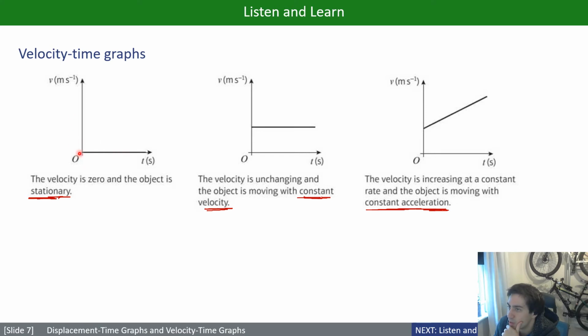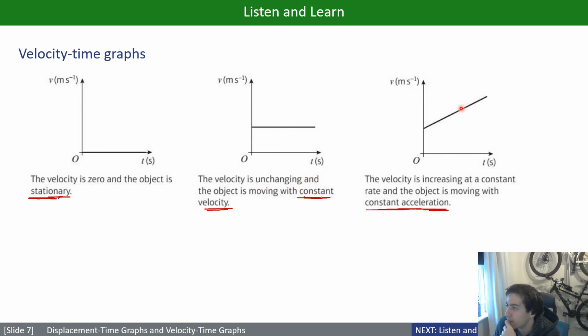Because the 0 marker is the x-axis for that y-axis, which is v. So the velocity is 0 at all times, it must be stationary. In this case, our velocity is some value, a positive value, but again it stays the same. So here it's a constant velocity of 0, i.e. stationary, and here it's a constant positive velocity. So that's why we get constant velocity.